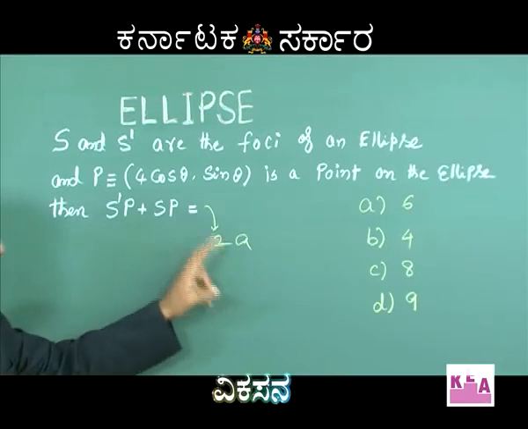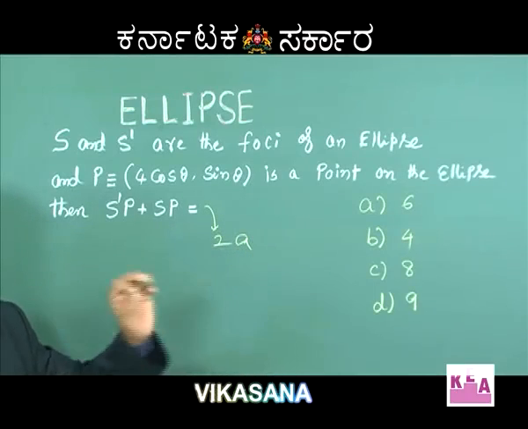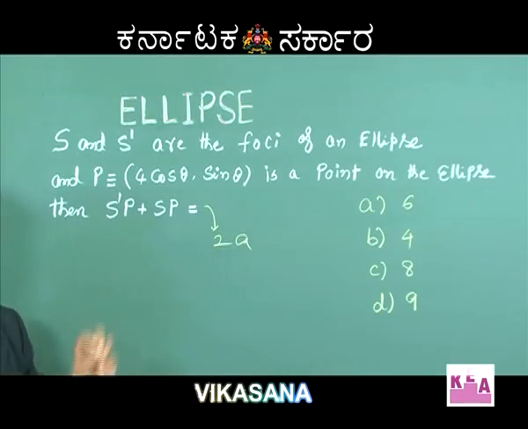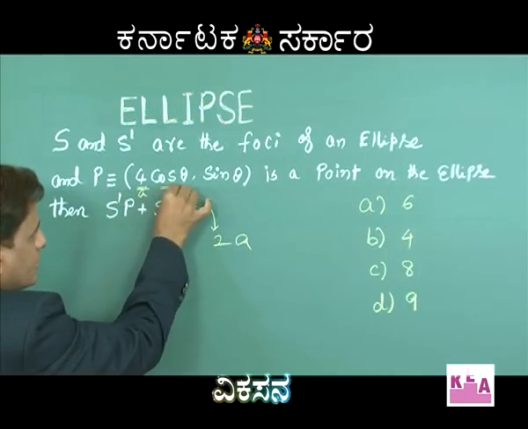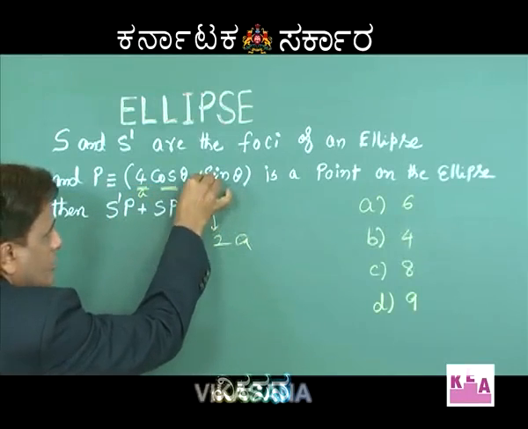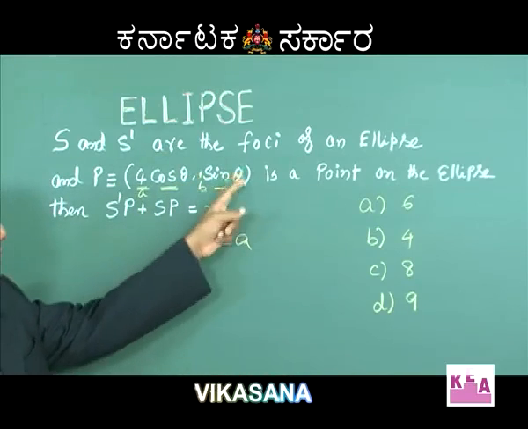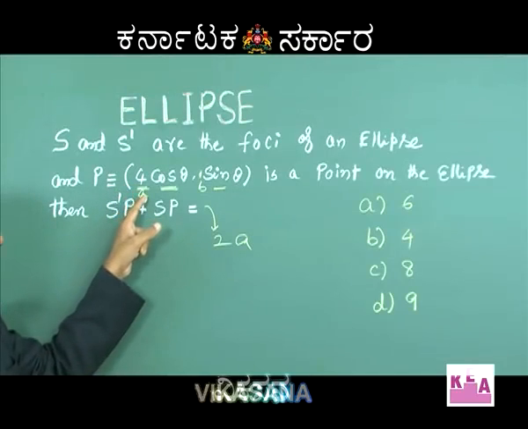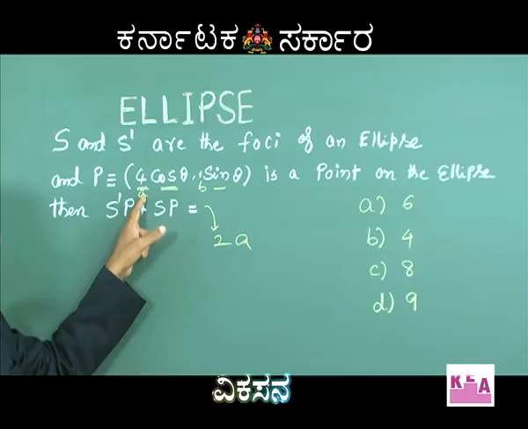Now, to complete this, we have to find the value of a. To complete this example, we depend on the value of a. Yes, it is very easy. The parametric equations are x is equal to a cos theta, y is equal to b sin theta.